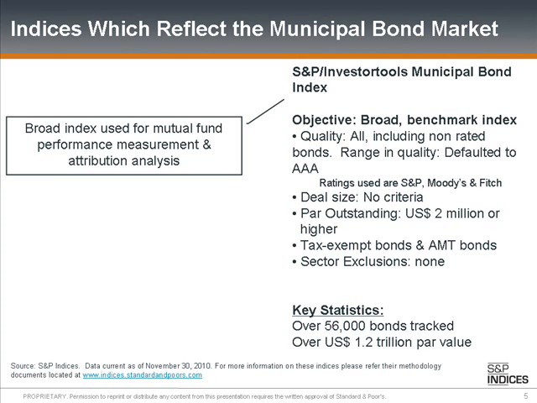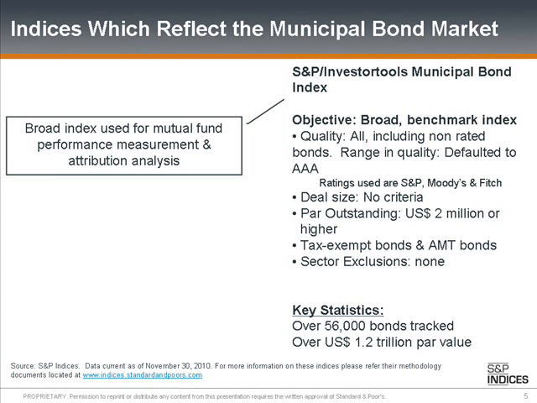It includes all bonds of any quality, from defaulted bonds all the way up to AAA quality bonds. There is no deal size criteria to be included in the index. However, each bond must maintain a par amount outstanding of at least $2 million or higher at each monthly rebalancing. Bonds can be tax-exempt or subject to alternative minimum tax to be included, but there are no sector exclusions for this index.